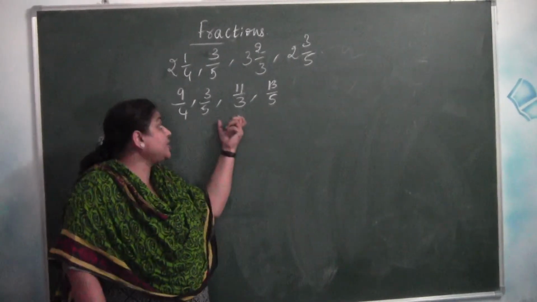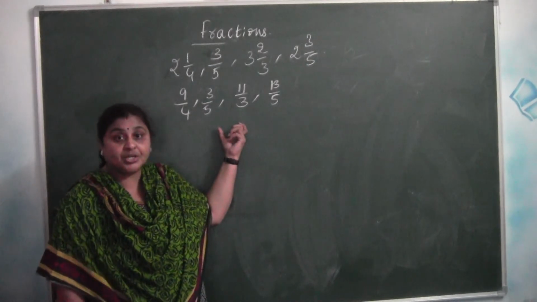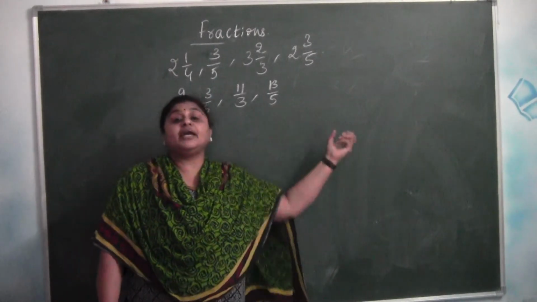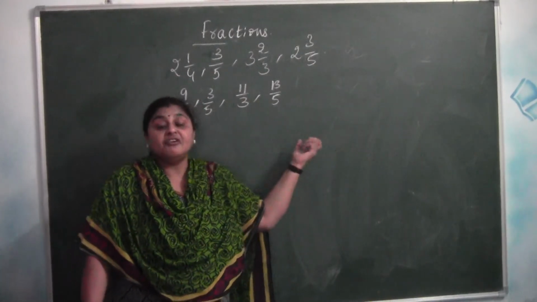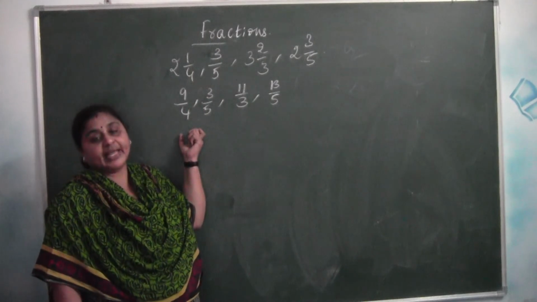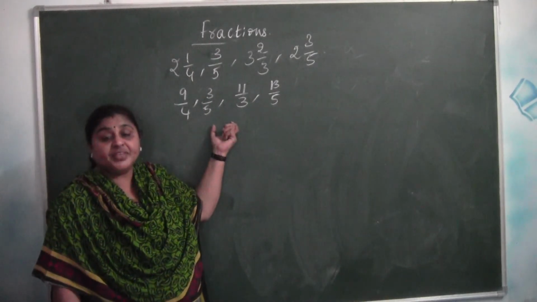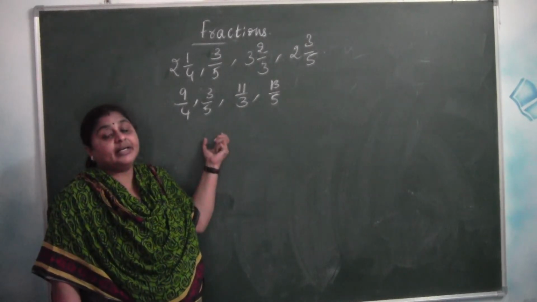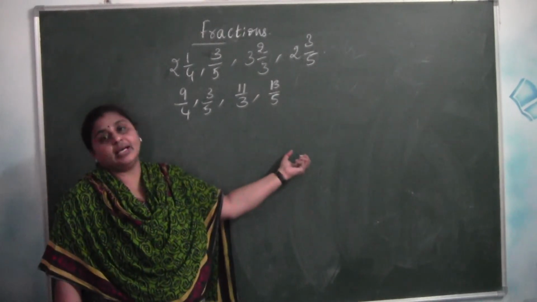You are going to change these unlike fractions to like fractions by finding out the LCM of the given denominators, and you are changing the denominators to that LCM.